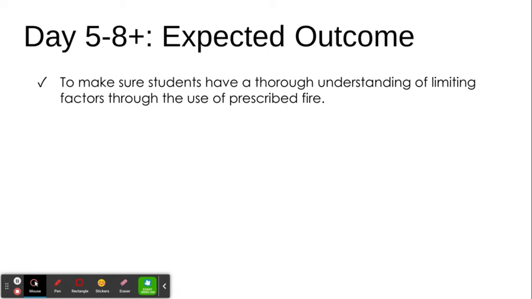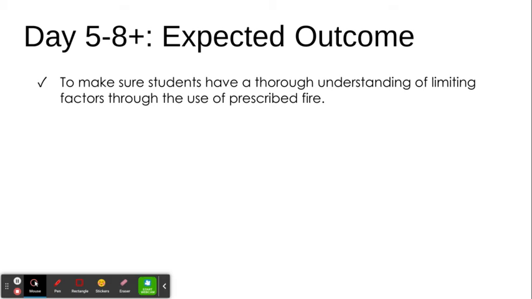So this is bringing everything full circle that they have learned. They would utilize every single resource that they already had. So they would have their anticipation guide, their lab information, the Jigsaw paper, and then the Fueling the Fire paper.